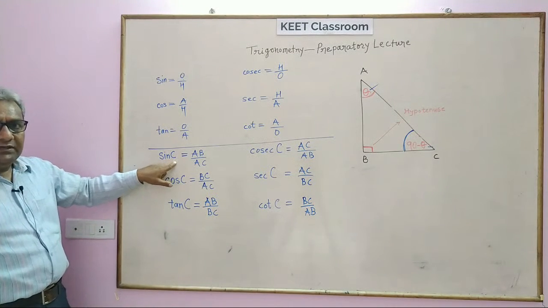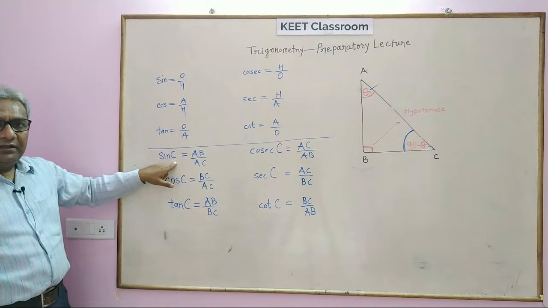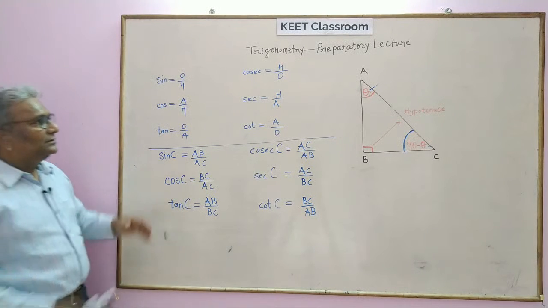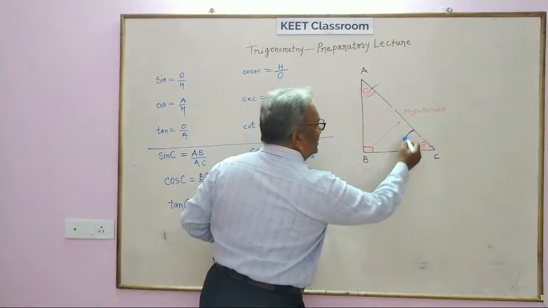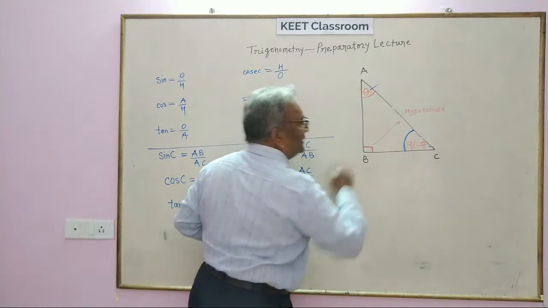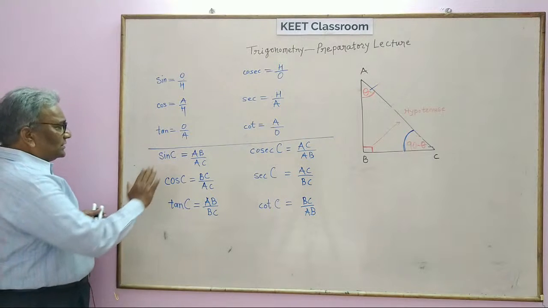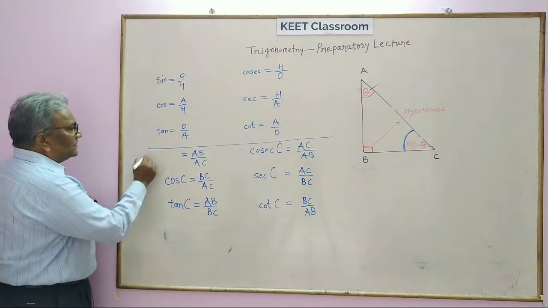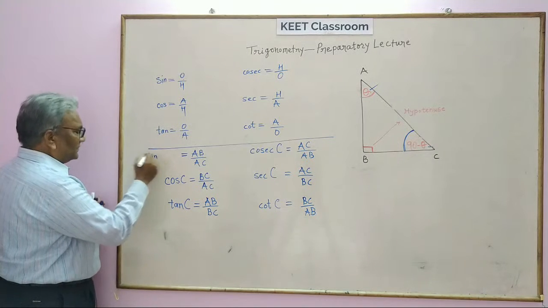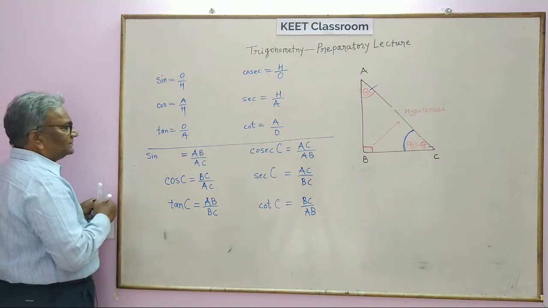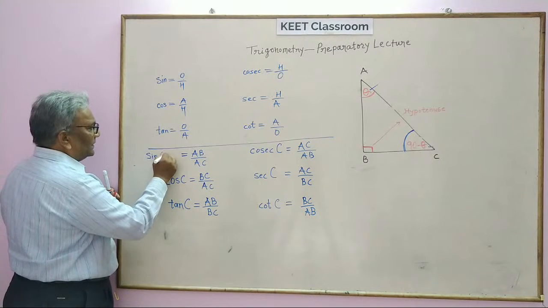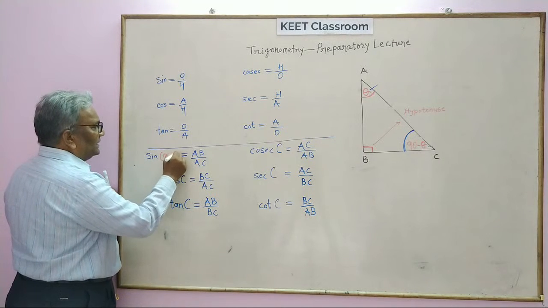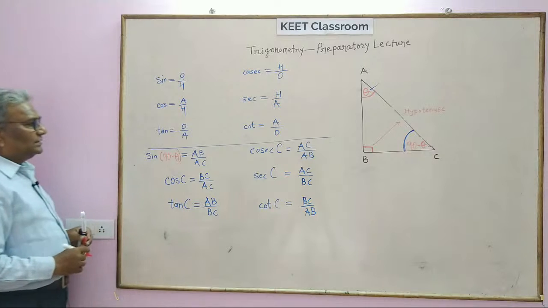In place of C, which is an acute angle, we can write its measure, which is 90 minus theta. So now I'll rub this and write here sine in bracket 90 minus theta.